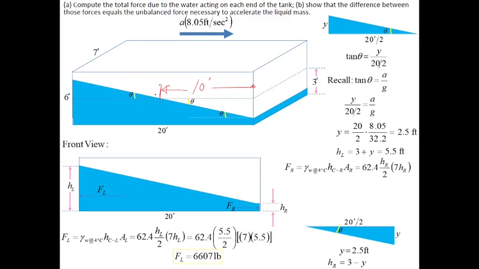Right? Because the original is 3. This is y. This is HR. So, HR is the total of 3 minus y to get HR. So, 0.5 feet. So, you can now substitute. 62.4, 0.5, 7.5. We get 54.60 pounds. Okay?